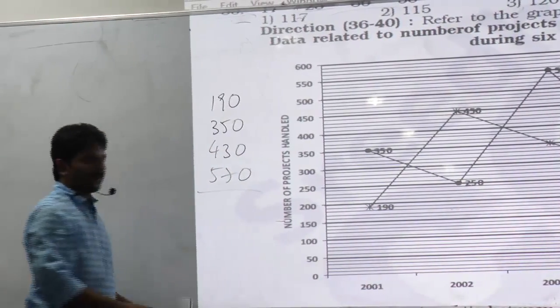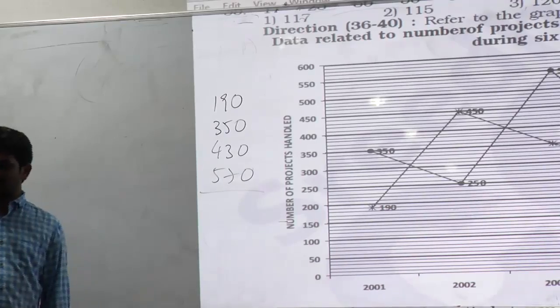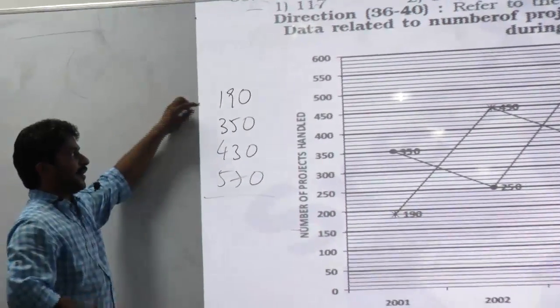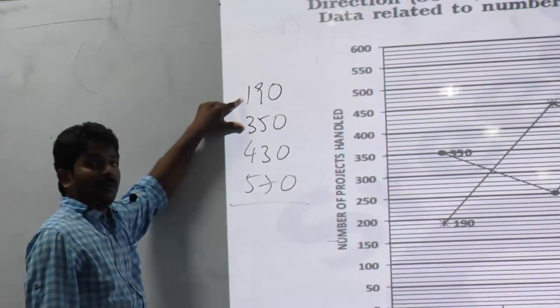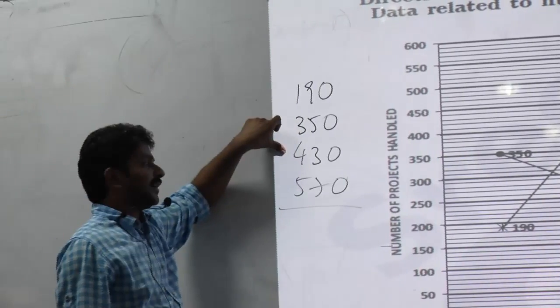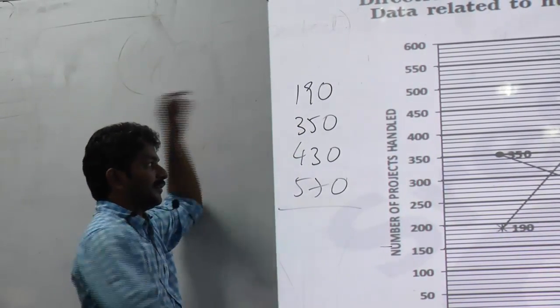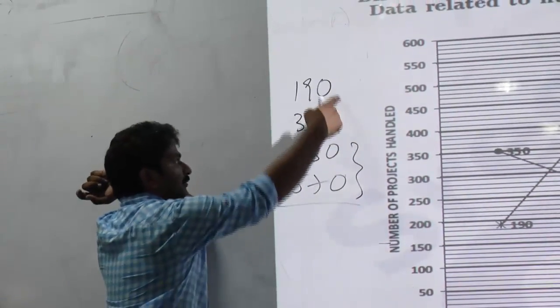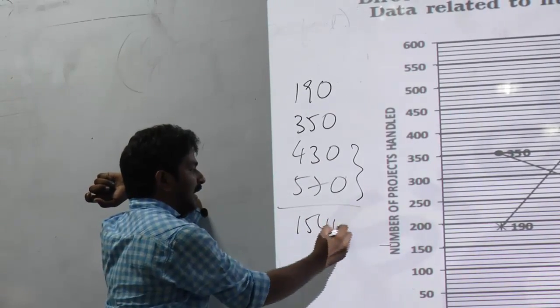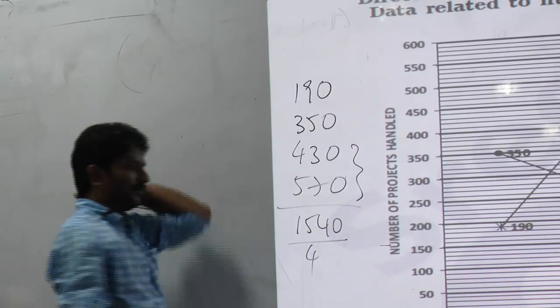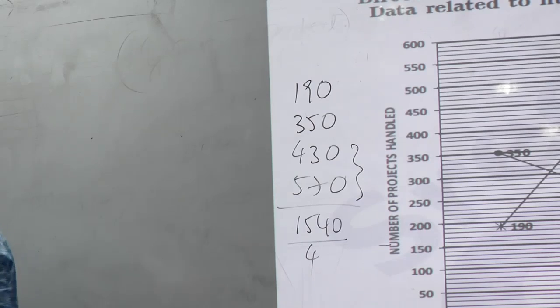Numbers are easy, so directly you can go for addition. How much is this? 400, 800, 1300, 1400, 1540. 1540 average of how many? 4. 1540 by 4 is 385.